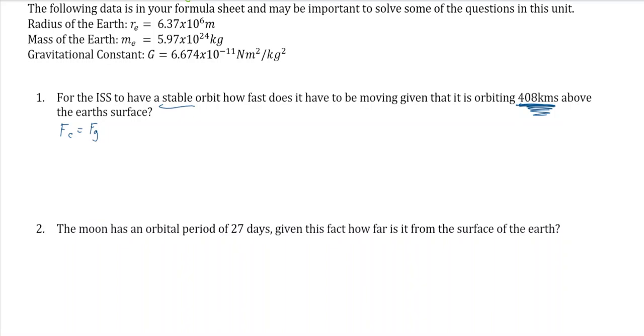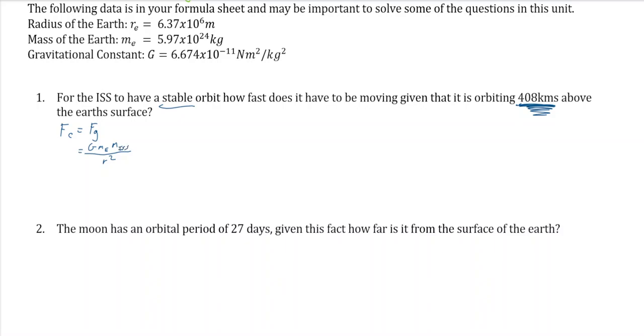That's helpful because FG is G M1 M2 over r squared. Now, M1 is going to be the mass of the Earth. M2 is going to be the mass of the satellite, or I'm going to even write ISS.